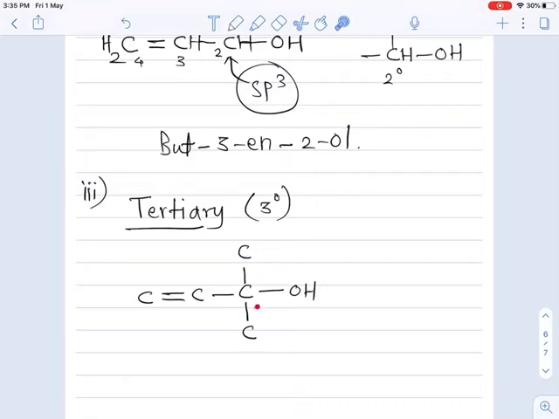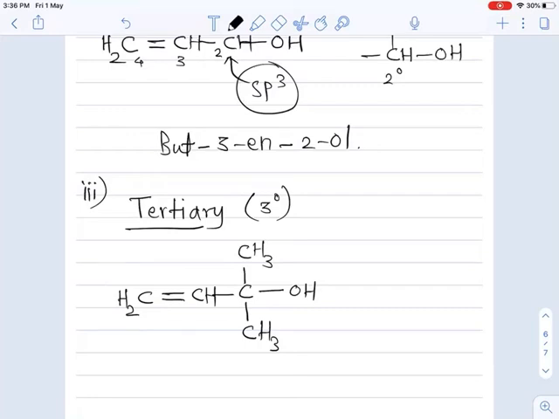So this is a tertiary carbon because it is attached to 3 other carbon atoms, to which the OH group is attached, and this carbon is further attached to a carbon-carbon double bond. That's why it is the example of an allylic alcohol. Now if we complete the valency of this carbon by hydrogen, we get CH2=CH-C(OH)(CH3)-CH3, with CH3 on this side.